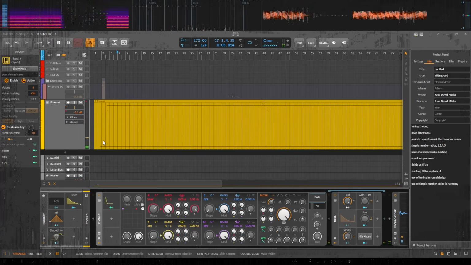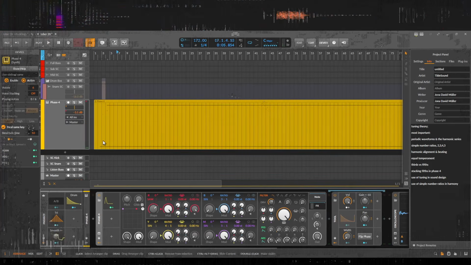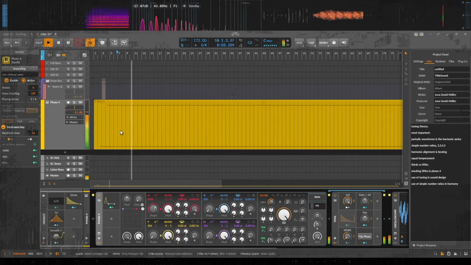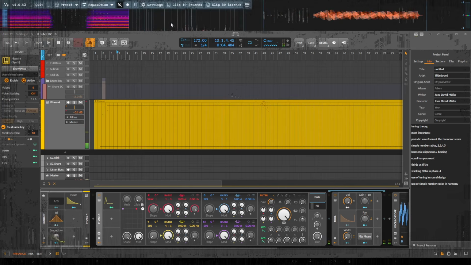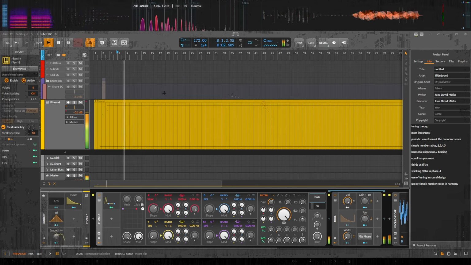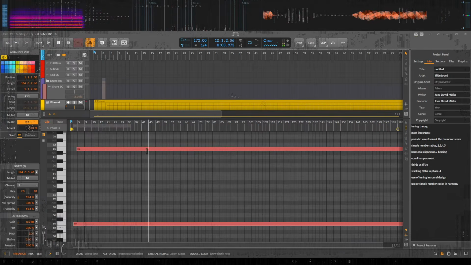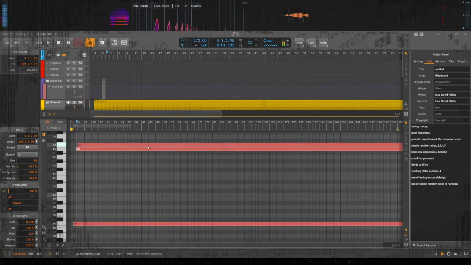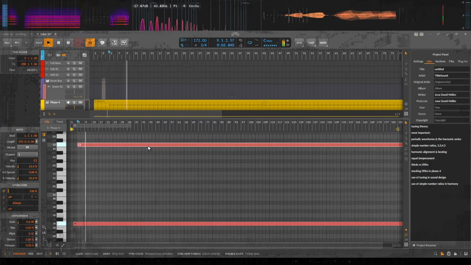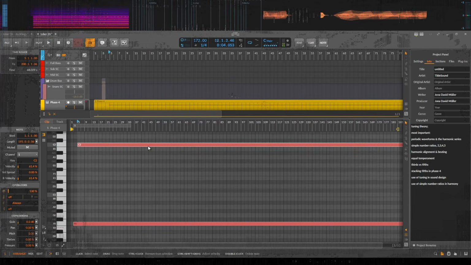Here we can hear this beating. You can also see it here, how there's this instability. Whereas here, because it's consonant, there's no instability, there's no beating. So yeah, stability and consonance are very, very closely related.